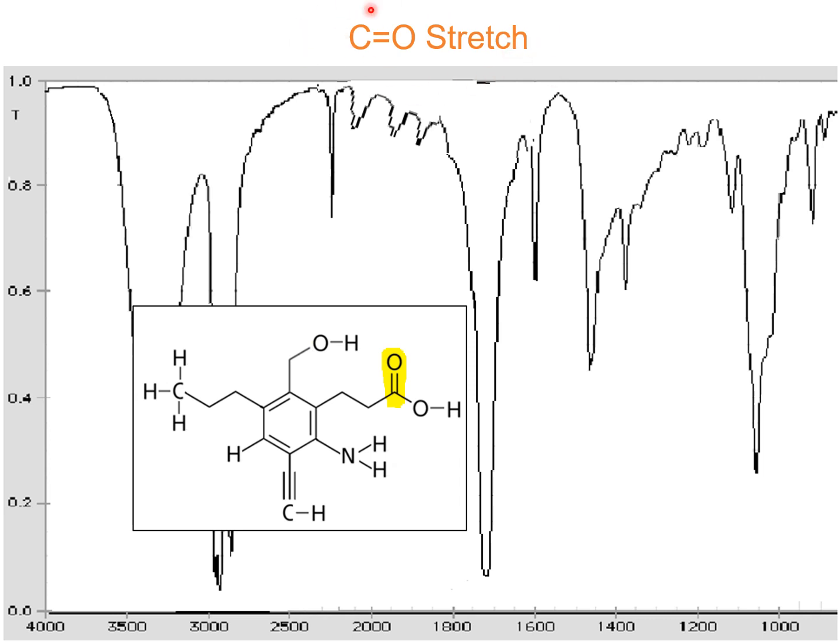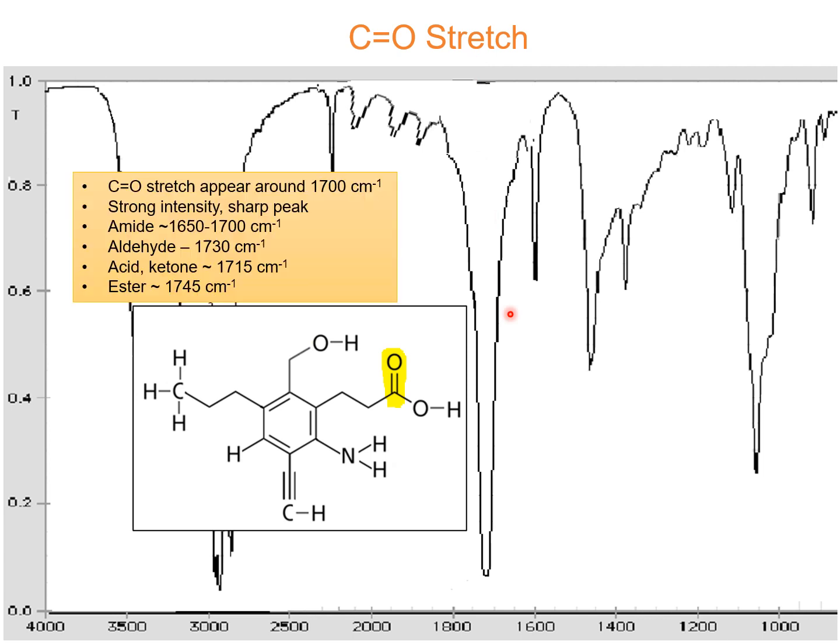This C double bond O, the carbonyl stretch, always appears somewhere around 1700. So you can say roughly at the middle of the spectrum, between 1600 and 1800, somewhere around 1700, we have a very strong absorption peak because of the carbonyl group.